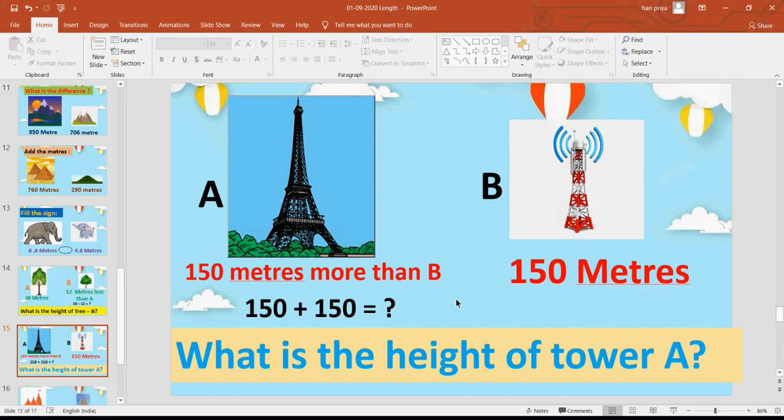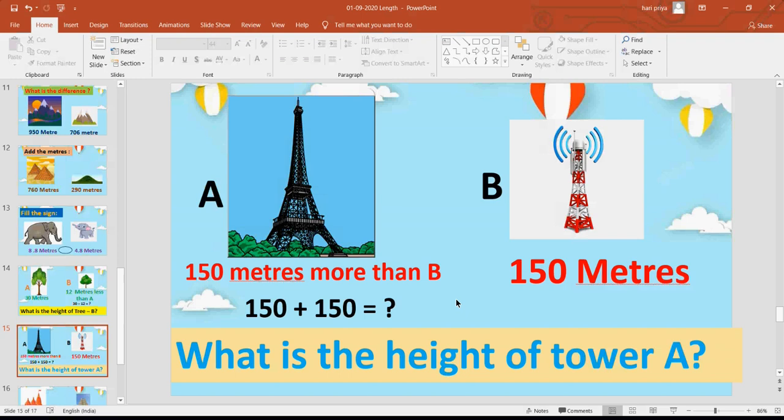Children, write the numbers, try to solve the numbers and then drop the answers. Try to solve it and then drop the messages. Yes, Elen, I think a few of your friends are still solving.